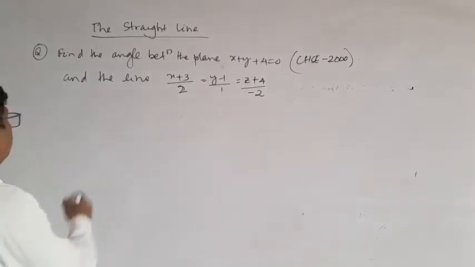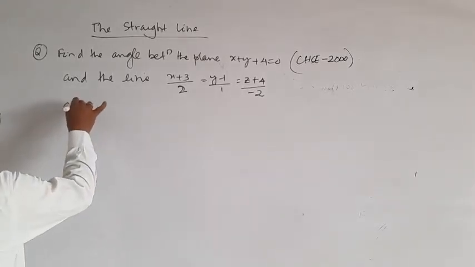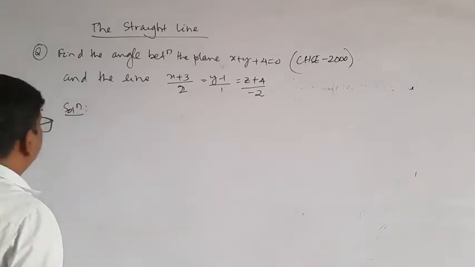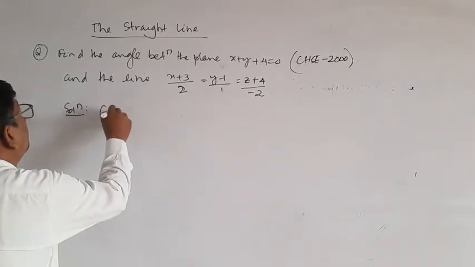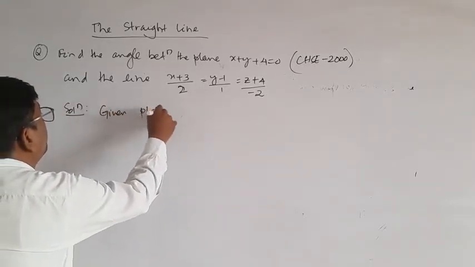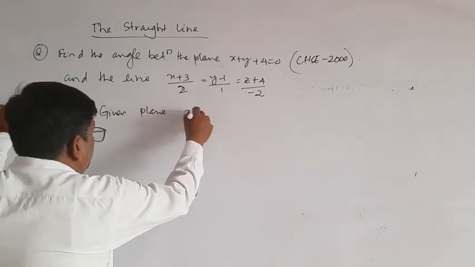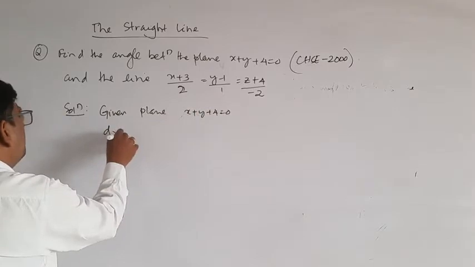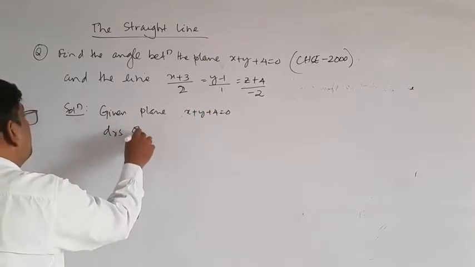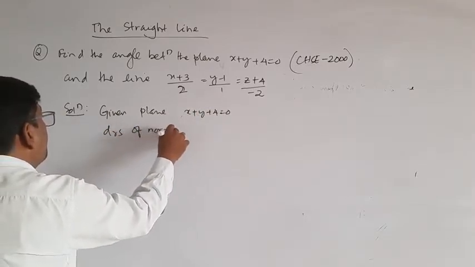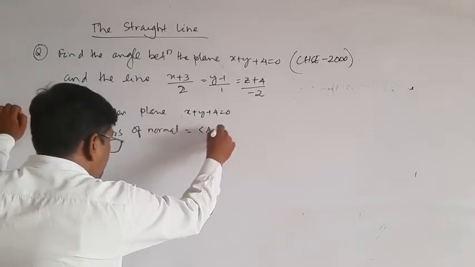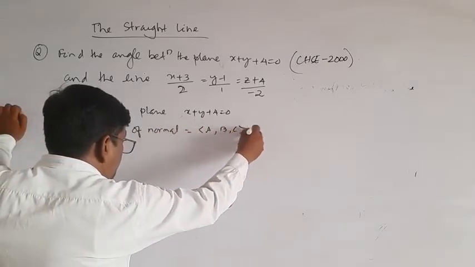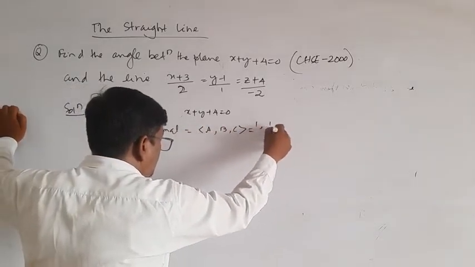Solution. Given plane x plus y plus 4 is equal to 0. So the DRs of the normal, capital A B C, are 1, 1, 0.